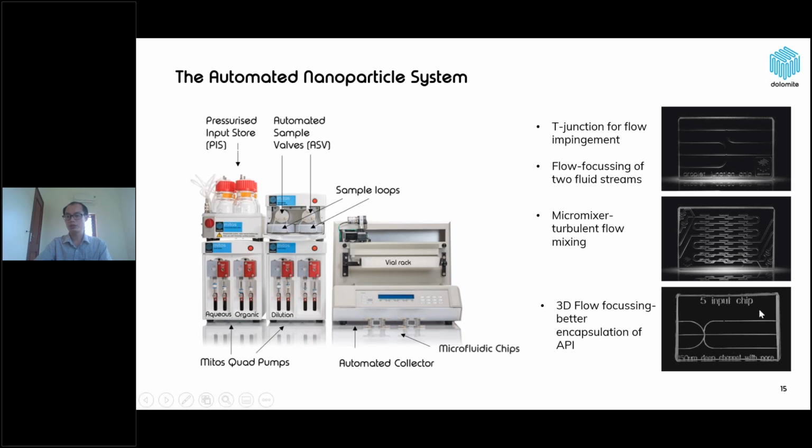So using a 3D flow focusing chip or 5-input chip, you can get a better encapsulation of the API.